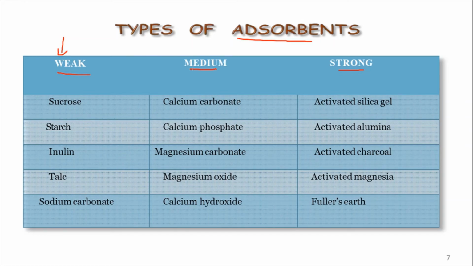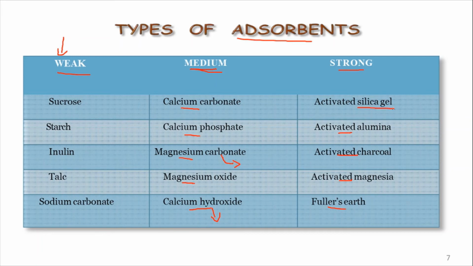The medium adsorbents obey some properties. For example, calcium hydroxide obeys some properties, but it is readily soluble in the mobile phase. Magnesium carbonate easily breaks down when dry. So some of the factors are obeyed. The strong adsorbents or stationary phases obey all the ideal properties.